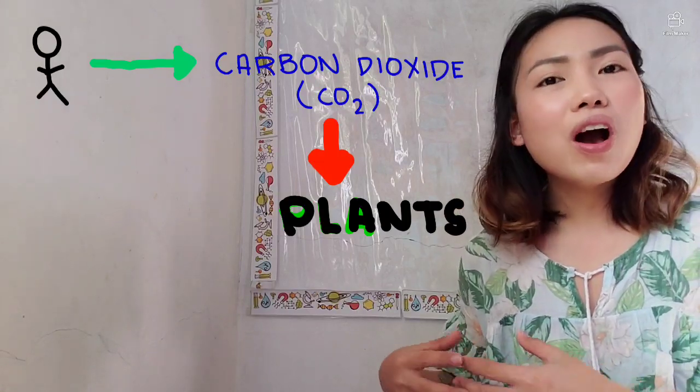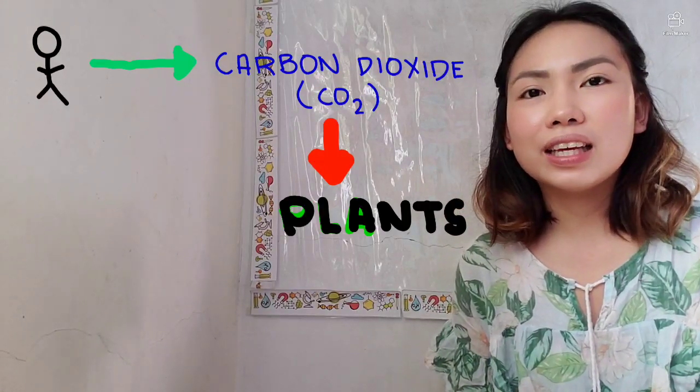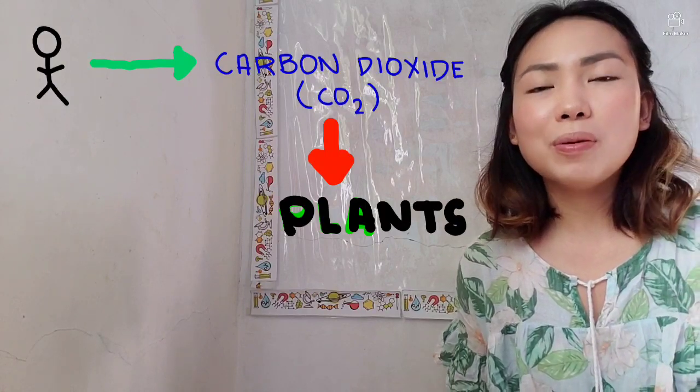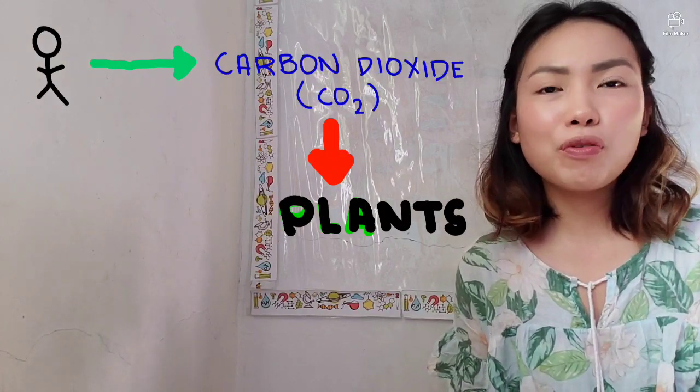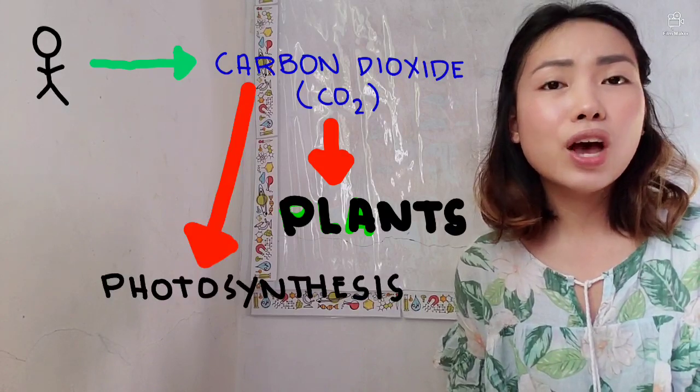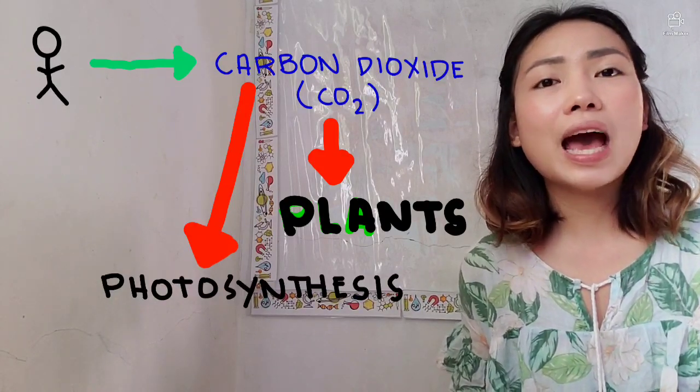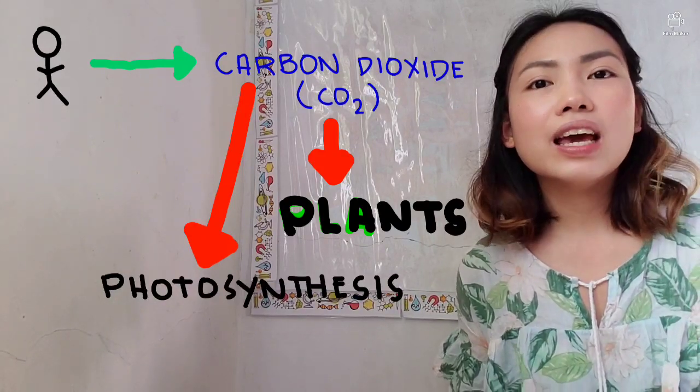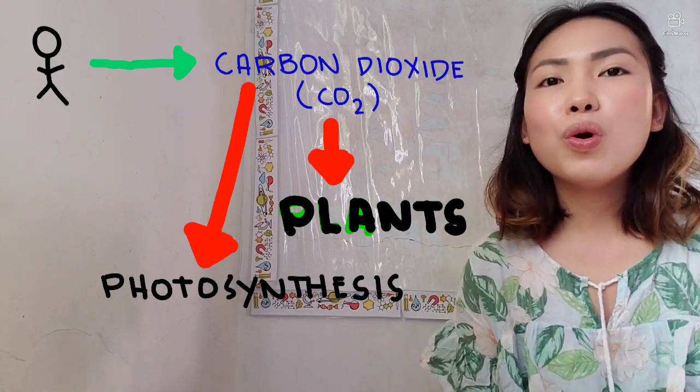Yung kinuhang carbon dioxide ng plants natin is also used by the plants in order for them to perform photosynthesis. Once the photosynthesis happens in the plants, it results in glucose.